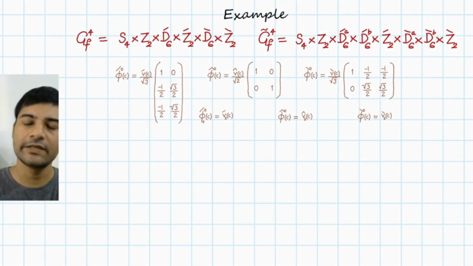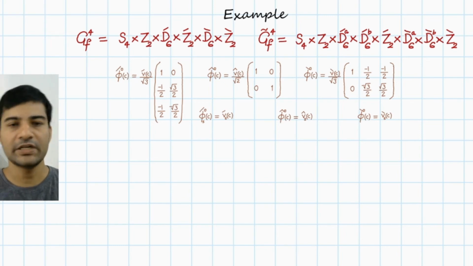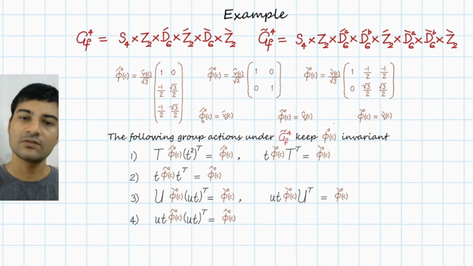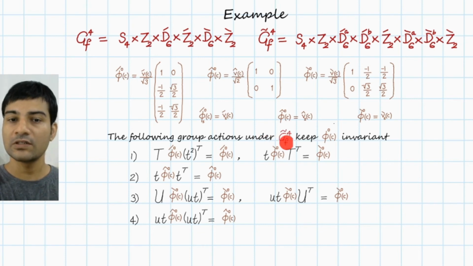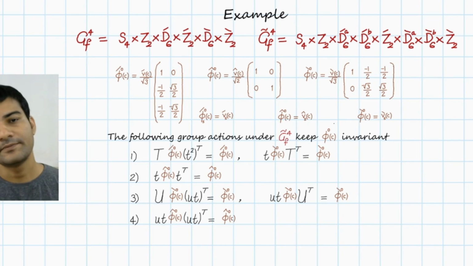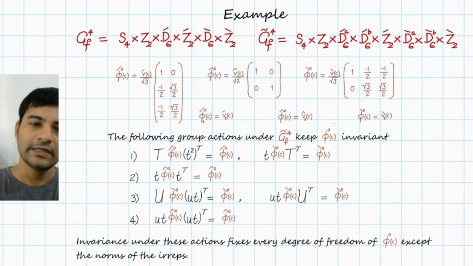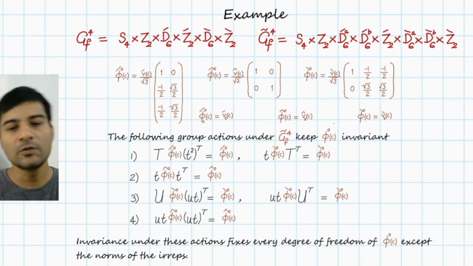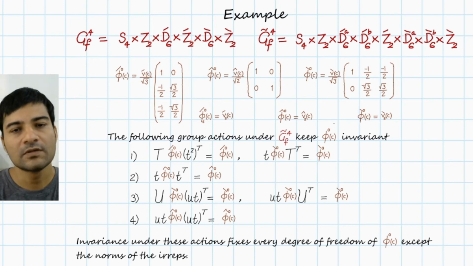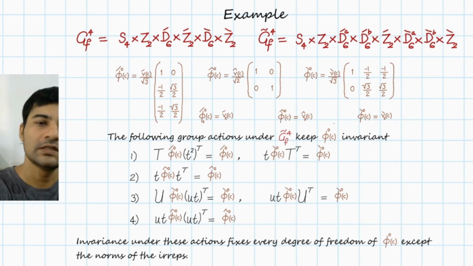Given this state, let us study its symmetries. We can show that under these four group actions, under the larger group G tilde 4, this state remains invariant. Not only that, invariance under these group actions fixes every degree of freedom of the state phi 0c except the norms of the multiplets.